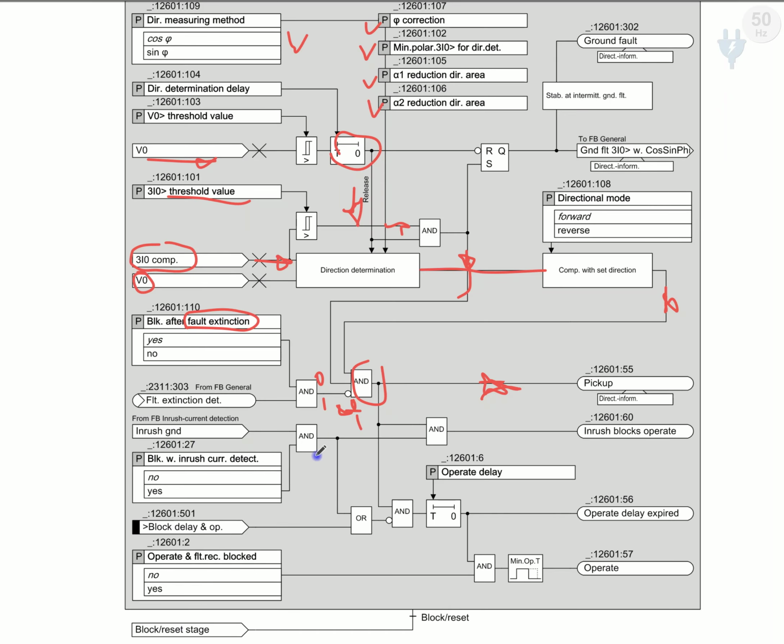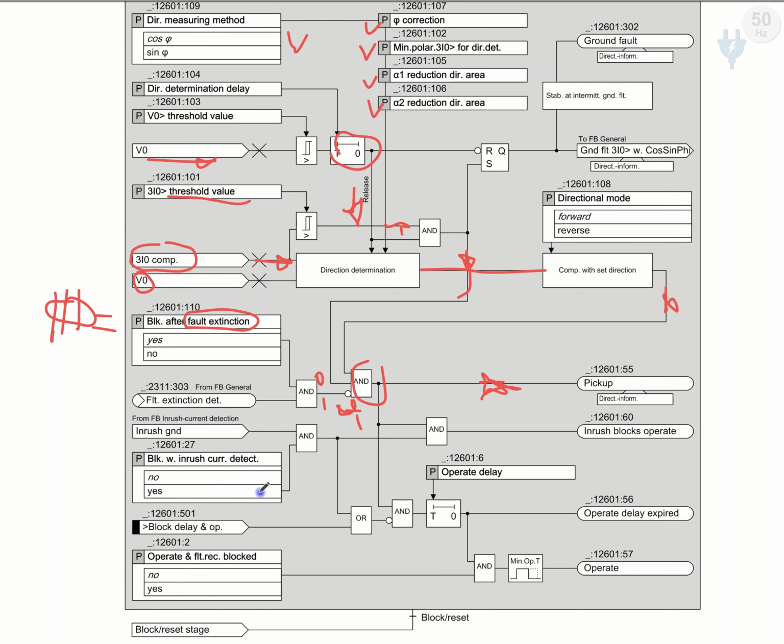Now suppose that we have some amount of residual current in our core balance transformer. Suppose this is the output of the core balance transformer. Some amount of residual current comes due to the inrush of the transformer or inrushes in the system. Then should our function operate if there is an inrush in the system? That is selected by the block yes or no of the inrush current detection.